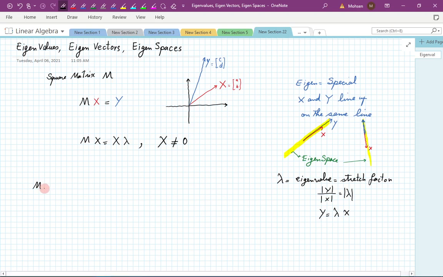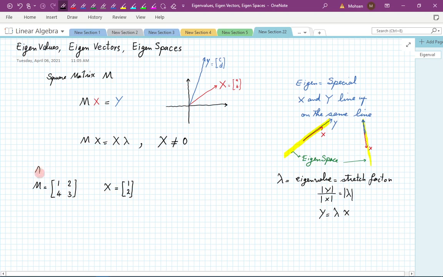Okay, just like that little app, let me start with a simple matrix. I'm going to take a matrix M, 1 2 4 3. To get us started, I'm going to give the x and ask you to find lambda. So I say, for example, x is equal to, let's say, 1 2.